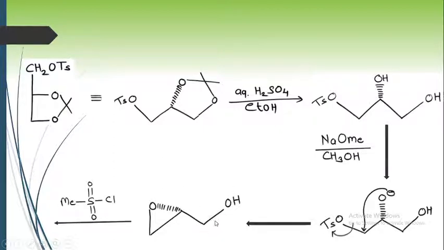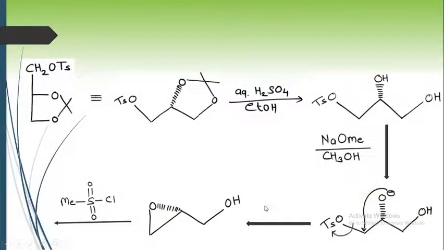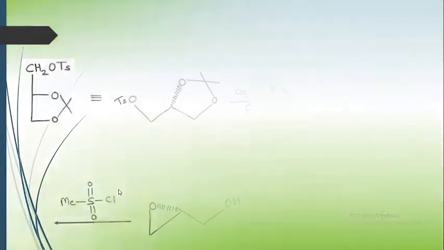After this, the epoxide is reacted with mesyl chloride and we get this product. That means this OH group is replaced with OMs, and then it is reacted with aqueous HCl.